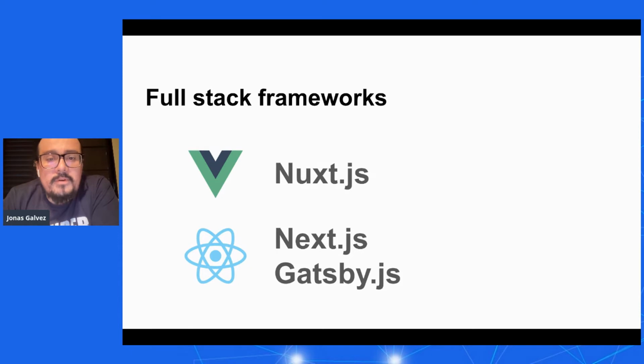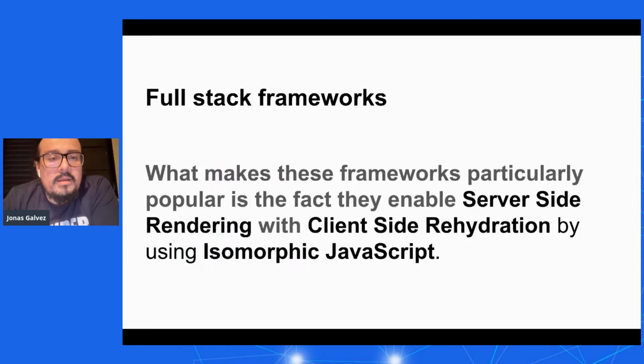Nuxt is for folks who use Vue as their front-end framework, and Next is the one for people who use React, and also Gatsby. What makes these frameworks particularly popular, and the reason I think they should stand aside from all the rest in the list, is the fact that they enable server-side rendering with client-side rehydration by using isomorphic JavaScript.